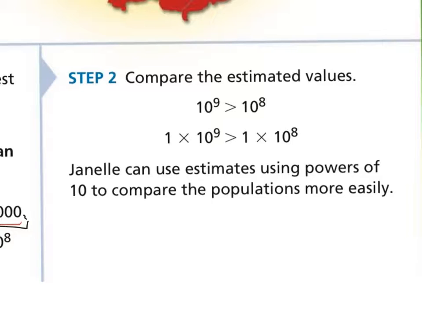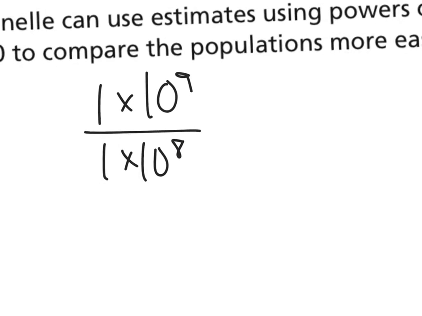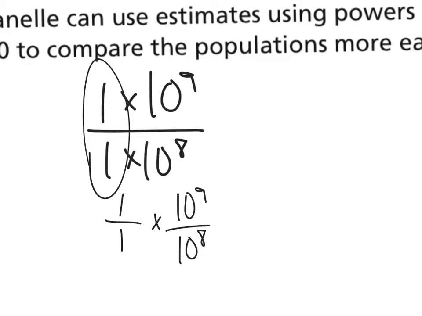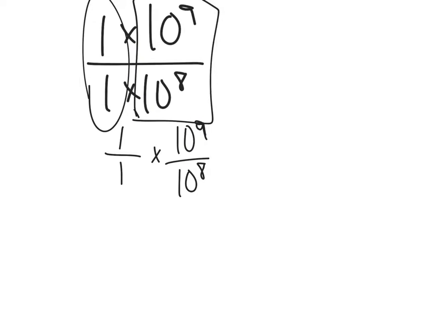We could look at how many times more people are at one place than the other. This is pretty simple with the numbers they've given us here. If we wanted to see how many times more people were at one place than the other, we would divide. In order to divide these, we can split them up as two separate fractions. We can have our numbers in front as one fraction, and then we can have our 10 to whatever power as a second fraction. When you do that, 1 divided by 1 is 1. 10 to the 9th divided by 10 to the 8th, when you are dividing like bases, you subtract the exponents.